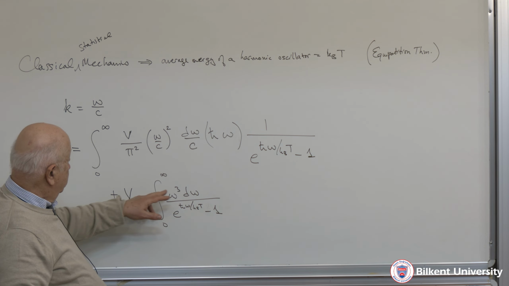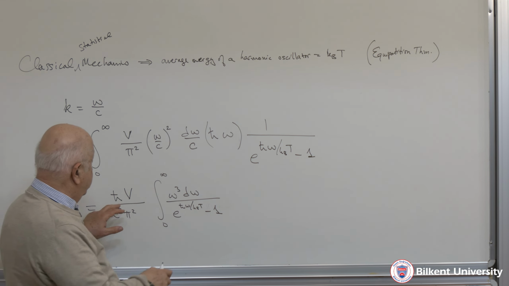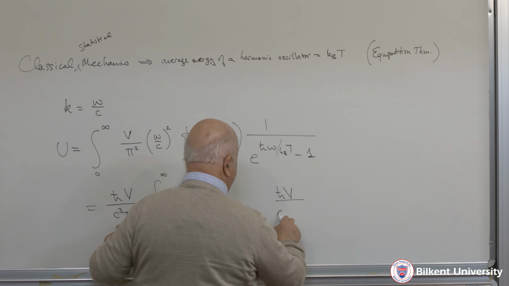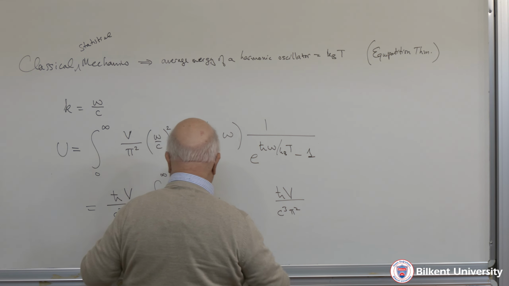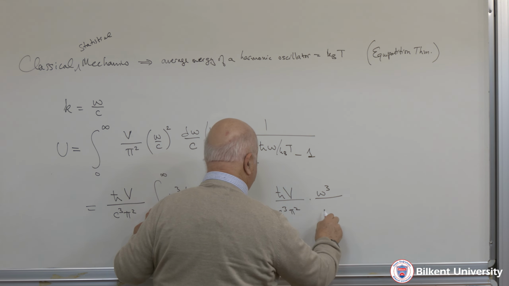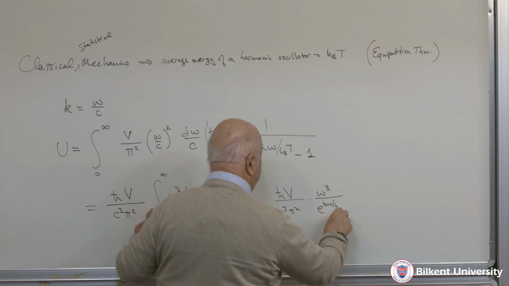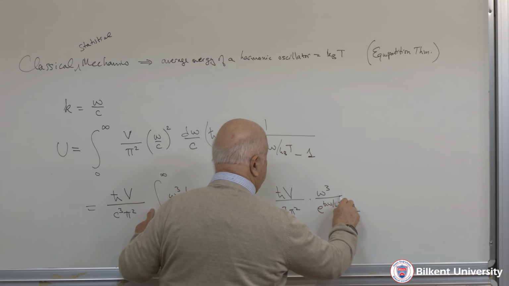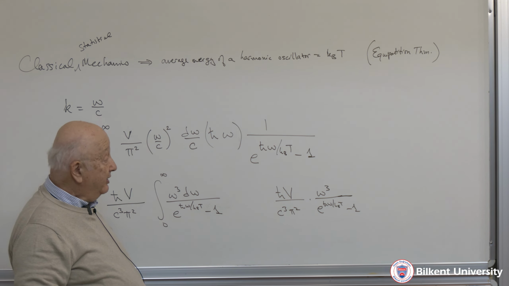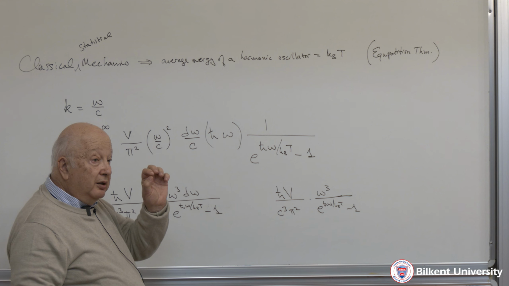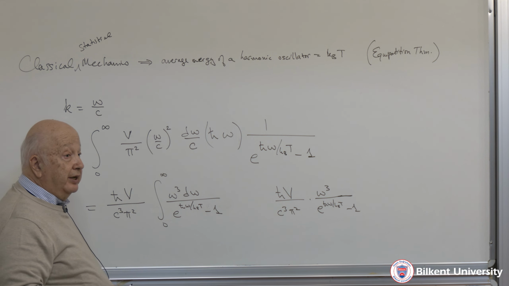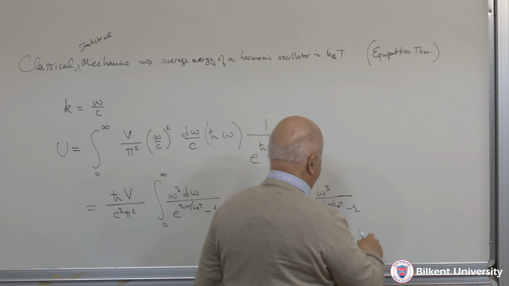If I just look at that part, h bar V divided by c cubed pi squared times omega cubed over e to the h bar omega over kBT minus 1 is the energy in the system between omega and omega plus d omega. So if I integrate it, I'm going to get the total energy.